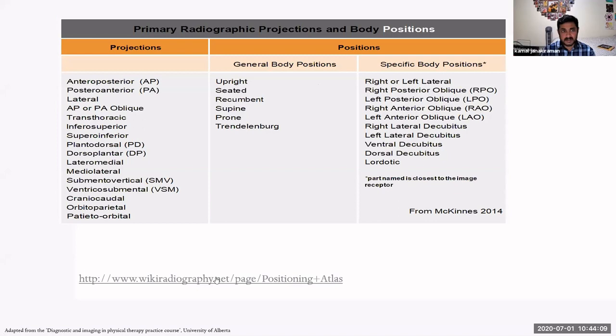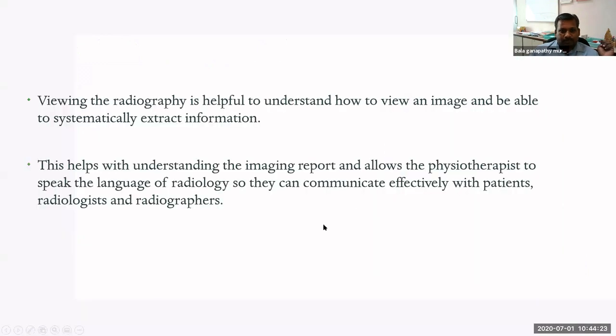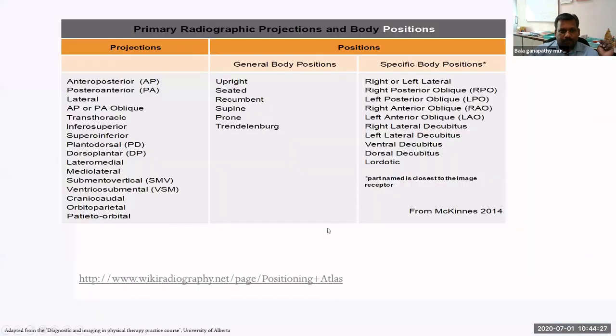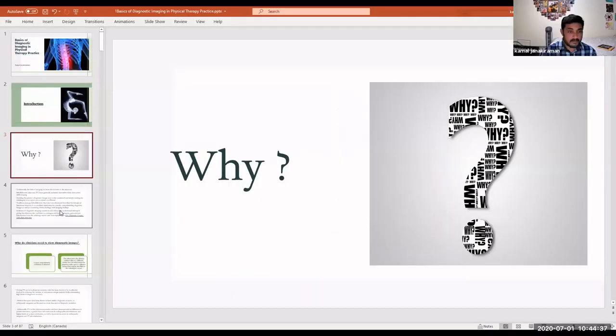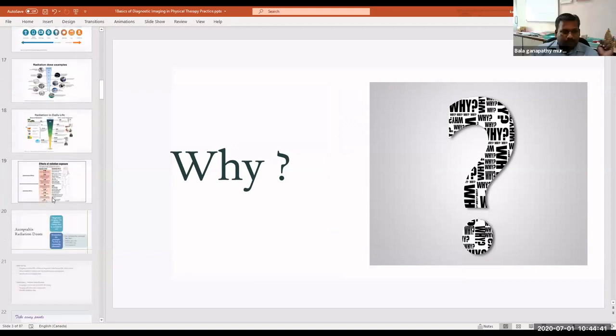You're able to see now anything? You click that WikiRadiograph.net and you share that screen. You have to minimize this PPT. Only one screen can be seen at the time. Yes. You minimize that one and show. Okay. Yes, you minimize your screen. Just a second.